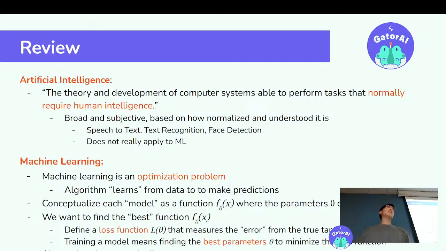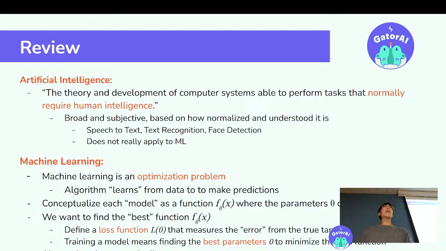Nowadays, if you scanned a paper using your phone and converted it to a PDF and you weren't able to get the words off of that scanned paper, you might think, this is not the best scanner. So I don't know if you would really consider that to be AI anymore, but it really depends. And it's good to note that this does not really apply to machine learning, due to the definition of machine learning. And that brings us to it.